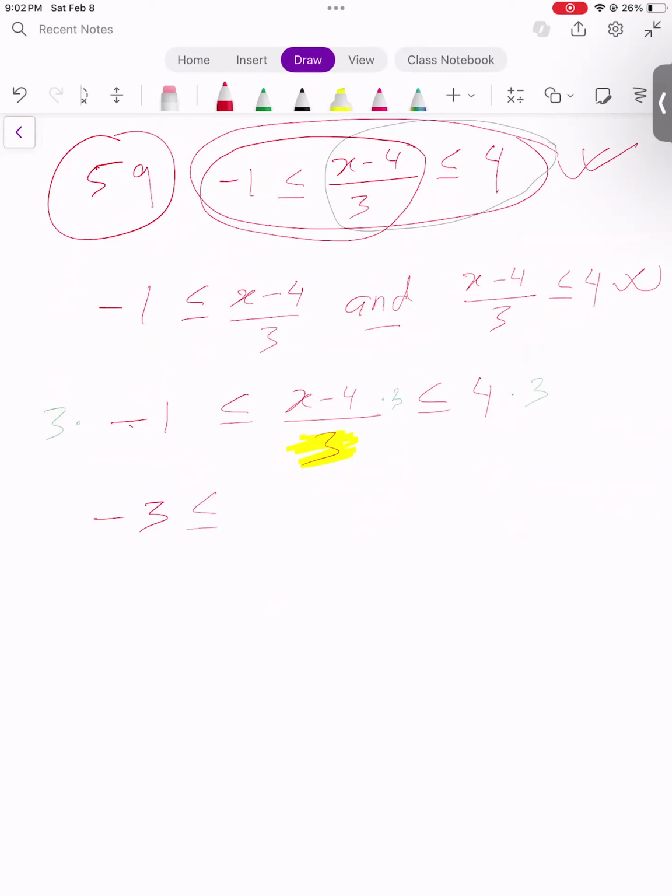We are multiplying by a positive number, so nothing changes in the inequality sign, but if you were using a negative number, you would have to flip the inequality. So these 3s cancel, and x minus 4 is less than or equal to 4 times 3, which is 12.